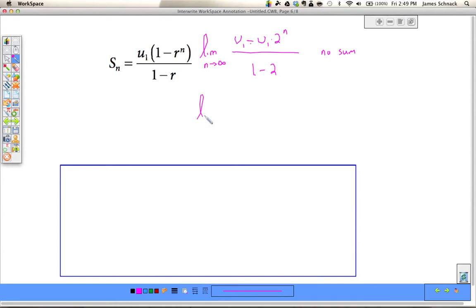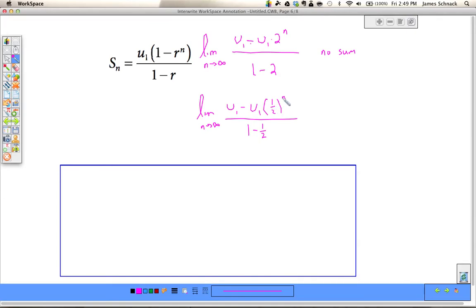But, ladies and gentlemen, here's the cool thing. Limit as n goes to infinity of U1 minus U1 times 1/2 to the n over 1 minus 1/2. What happens to this term as n goes off to infinity?